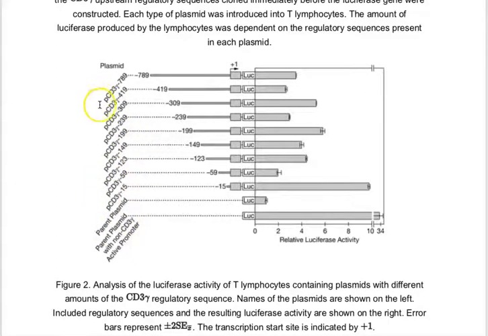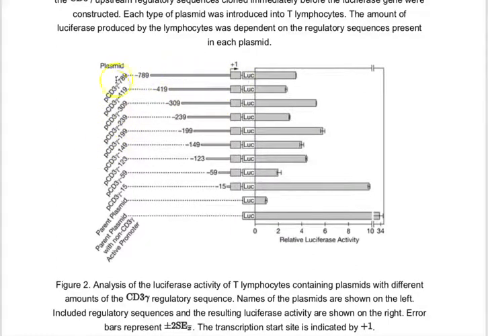So this is telling you that it contains the promoter of the CD3 and it contains a fragment. I don't know if this represents 789 base pairs or what this number represents, but it doesn't really matter. What it represents is that there are different lengths of fragments right after the promoter sequence of CD3.